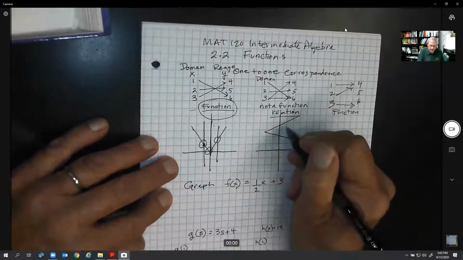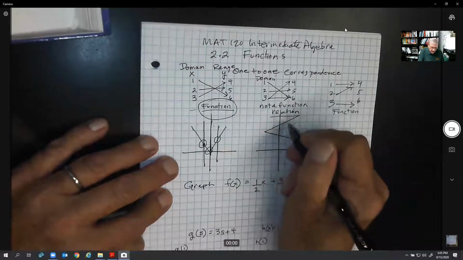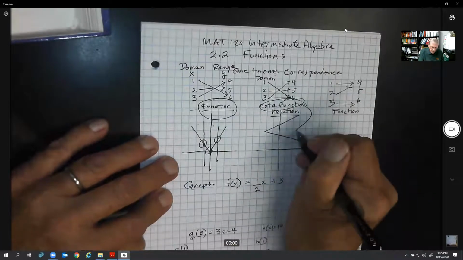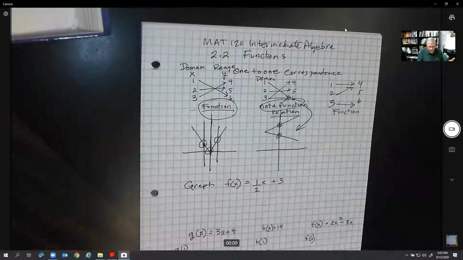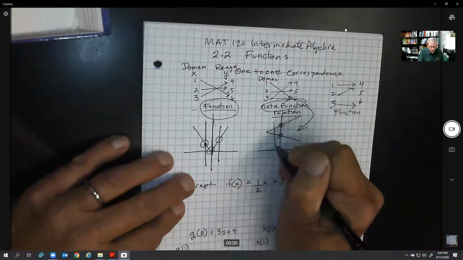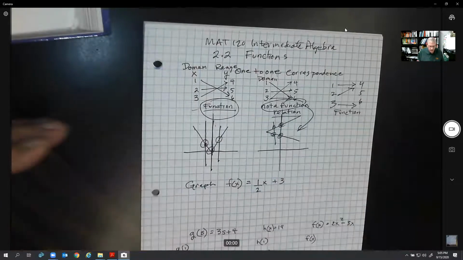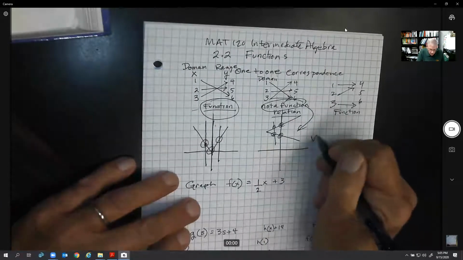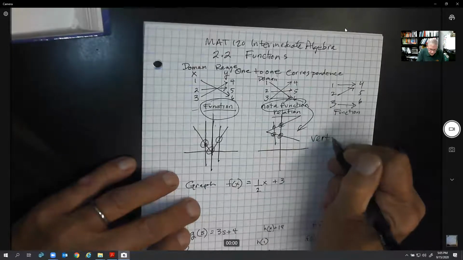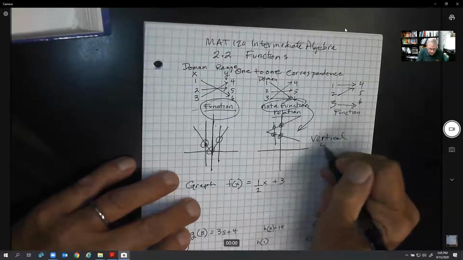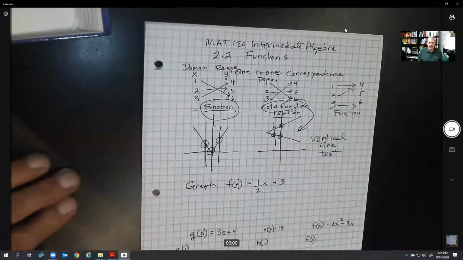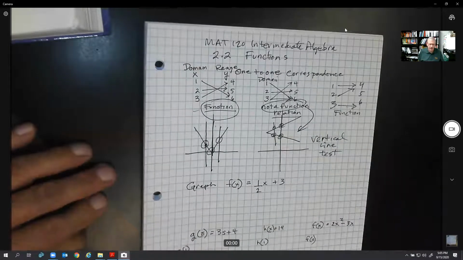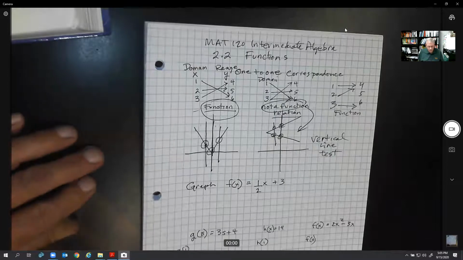Now, in this one, we can see this is not a function because it goes through it too many times. It hits it once, it hits it again, twice, again. So it's called the vertical line test. And you probably have used this before on quizzes, probably in the 8th grade or whatever.